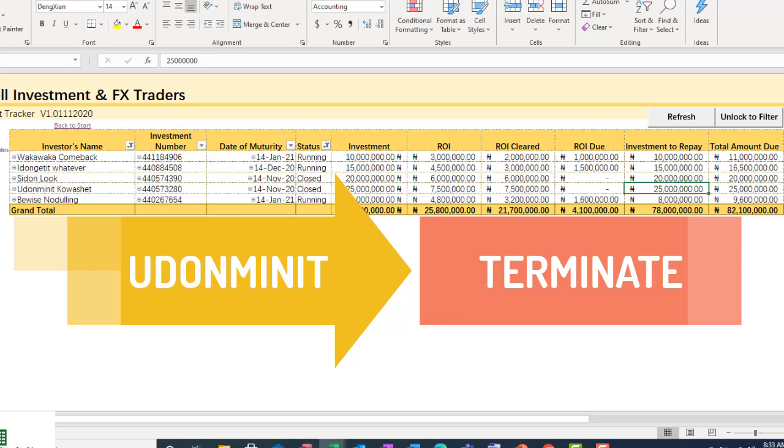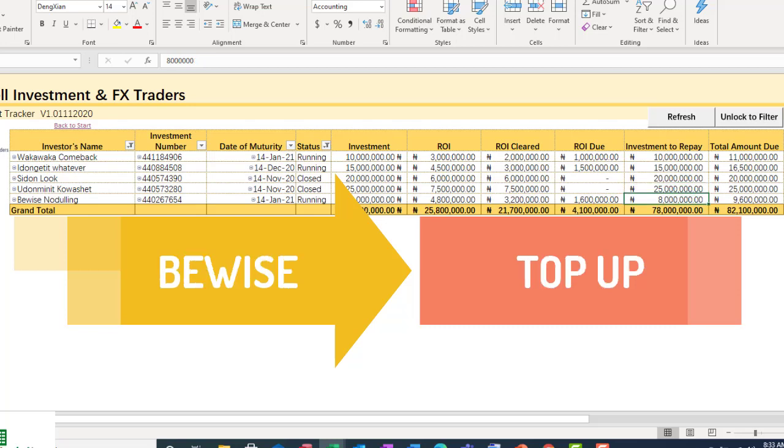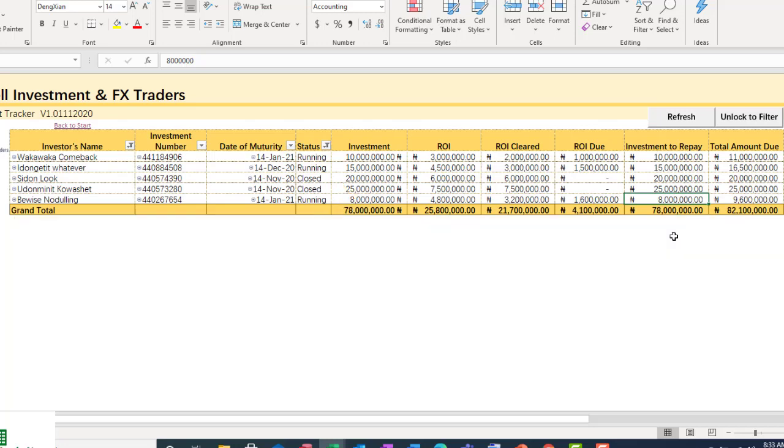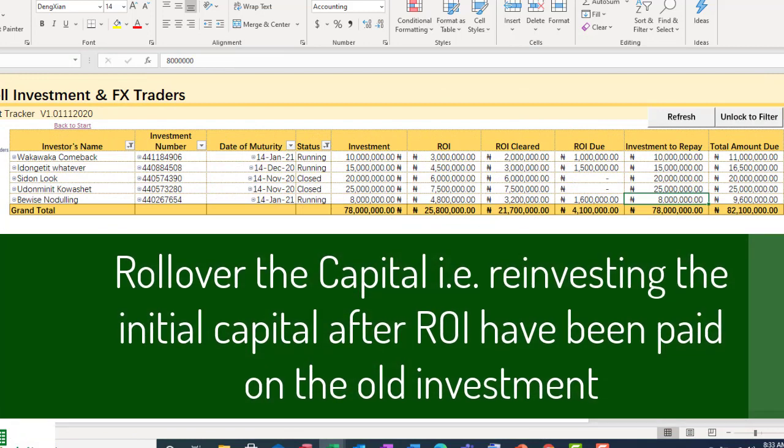You've paid all the ROI due back. Be Wise, no darling, wants to top up the investment, to increase it from 8 million to, let's say, 12 million by adding an additional 4 million. So let's explain first of all how to roll over an investment.